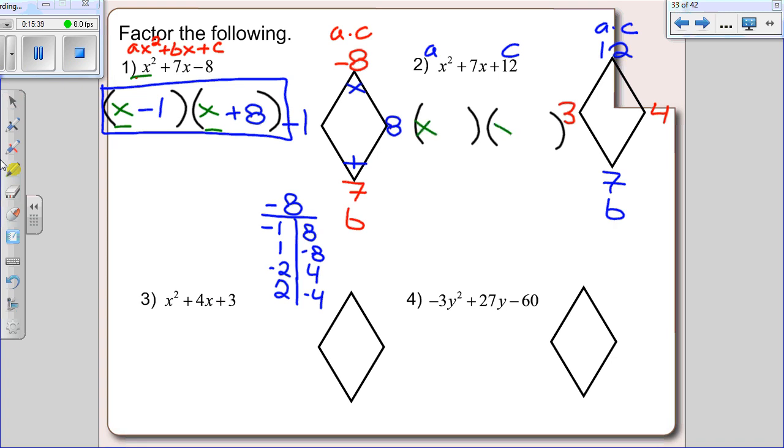The second terms are the trickier ones. And the way we know where the second terms come from is from that diamond that we made. It comes from 3 and 4. So plus 3, plus 4. That is a factored term.